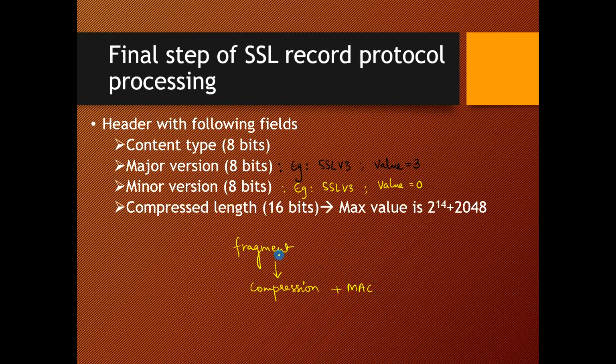So compressed length will be 16 bits, and it will indicate the length in bytes of the plain text fragment if we are not performing compression. If we are performing compression, it will correspond to the length of this compressed fragment.